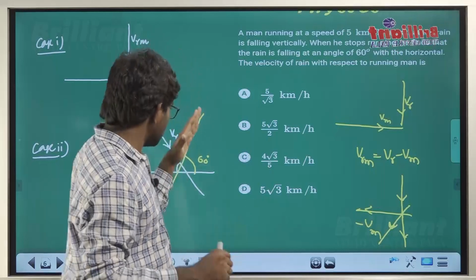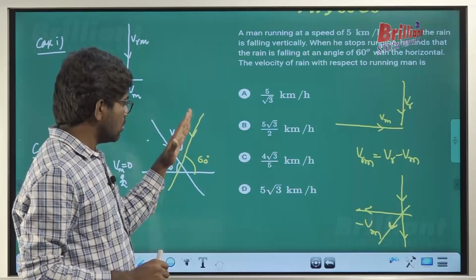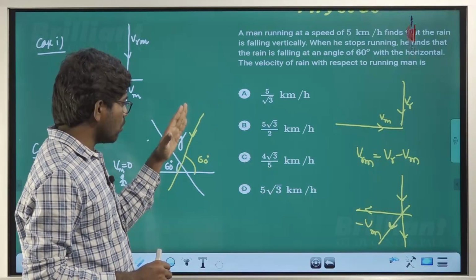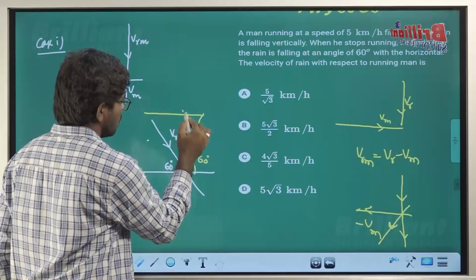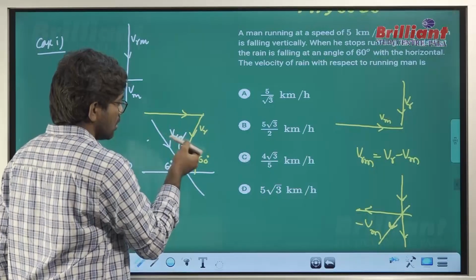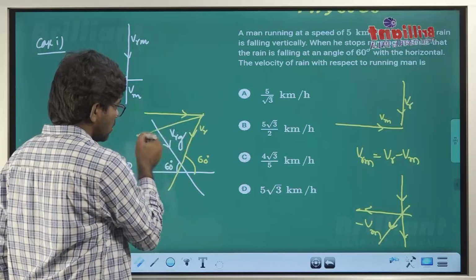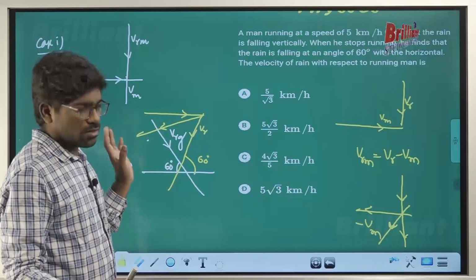If you take it like this already, then when the man is running, what does it become? If you take the velocity of rain in this manner, what will be the resultant of velocity of rain minus velocity of man? It will go like this. Yes or no? The resultant will become this thing.